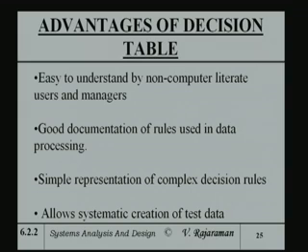In other words, a complex set of decision rules becomes something where at a glance you can see what is going on, and it also allows systematic creation of test data, which we will see. As I said, while you are developing programs, you should also be able to create test data simultaneously to check the program.